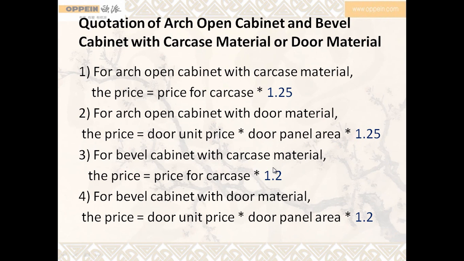For bevel cabinet with carcass material, the price equals the price for carcass multiplied by 1.2. 4. For bevel cabinet with door material, the price equals door unit price multiplied by door panel area multiplied by 1.2.